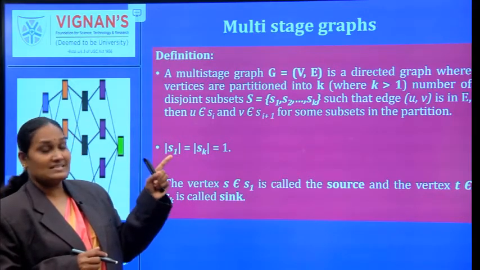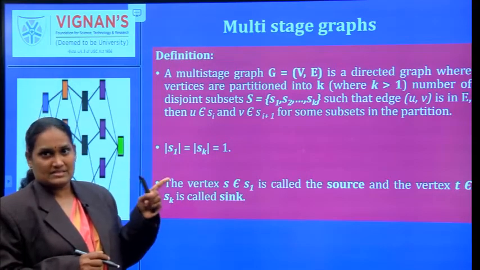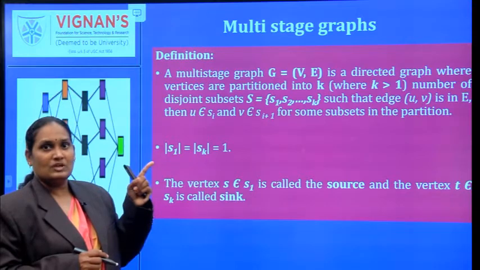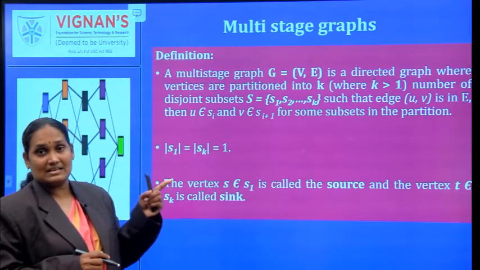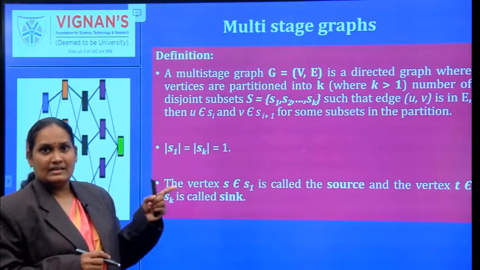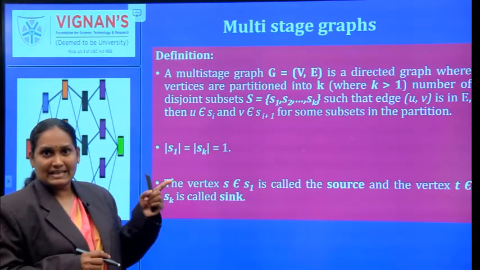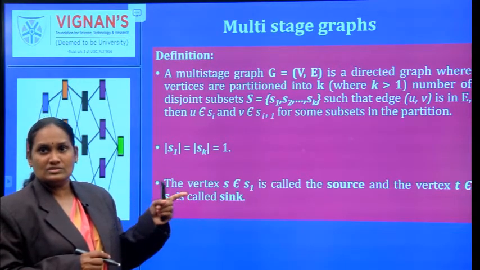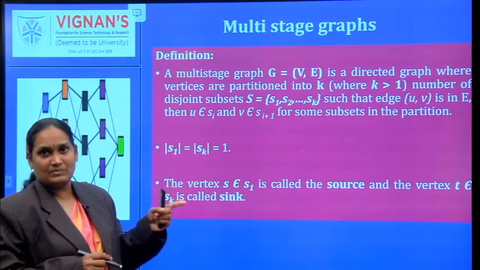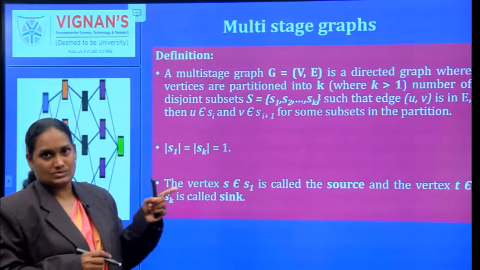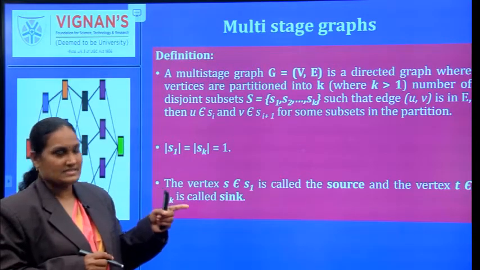Those K subsets are disjoint subsets. I hope you all know what disjoint sets are. Two sets are said to be disjoint if there are no common elements in those two sets. That is, if their intersection is an empty set, then we can call those two sets disjoint sets.